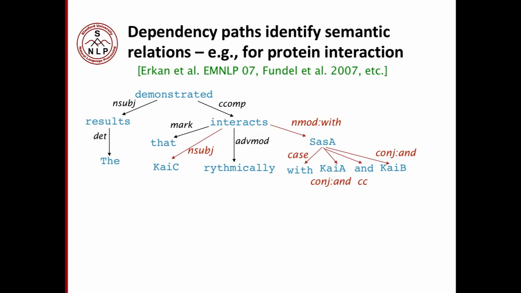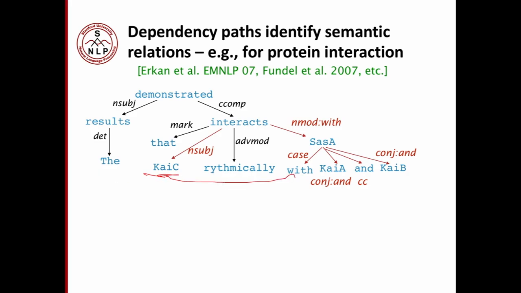So, the results demonstrated that Chi-C interacts rhythmically with Sus-A, Chi-A, and Chi-B. And, oops, I've got to turn those notifications off. So if we want to get out protein-protein interaction facts, we have this Chi-C that's interacting with these other proteins over there.